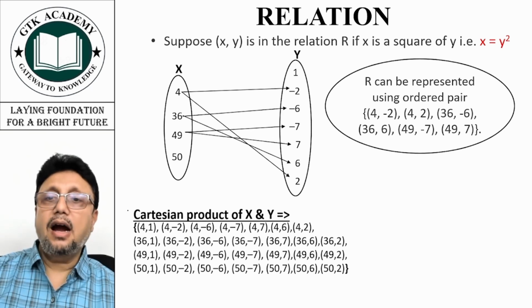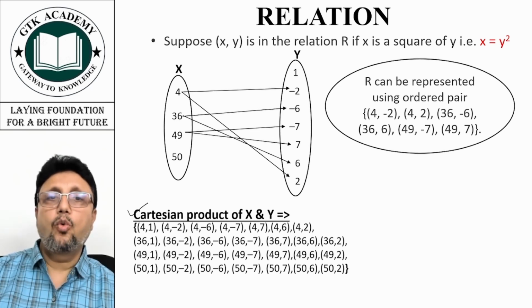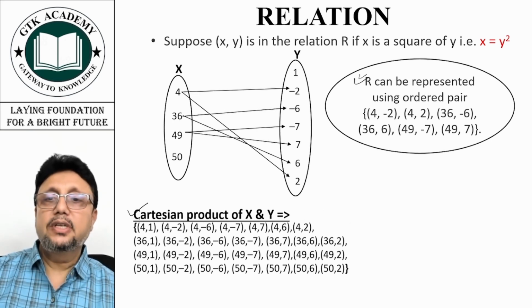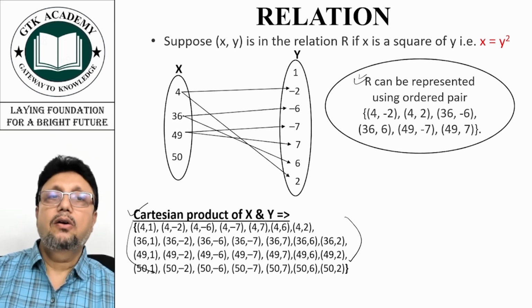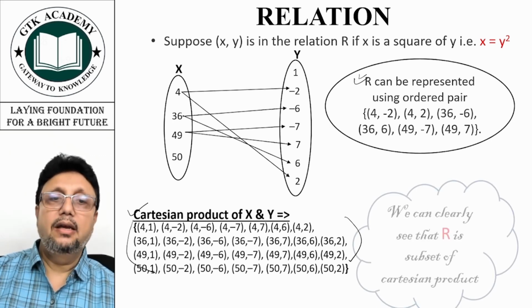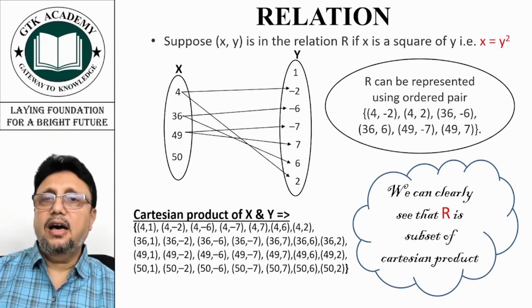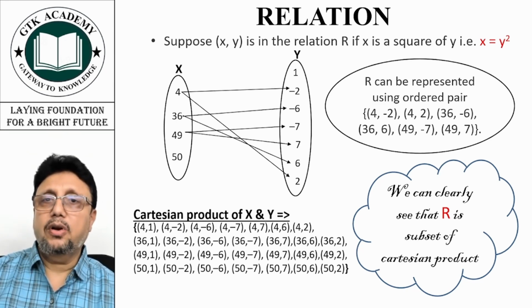This is the Cartesian product of X and Y. So you can see that this relation R is a subset of this Cartesian product of X and Y. So we can easily see that relation R is a subset of the Cartesian product.